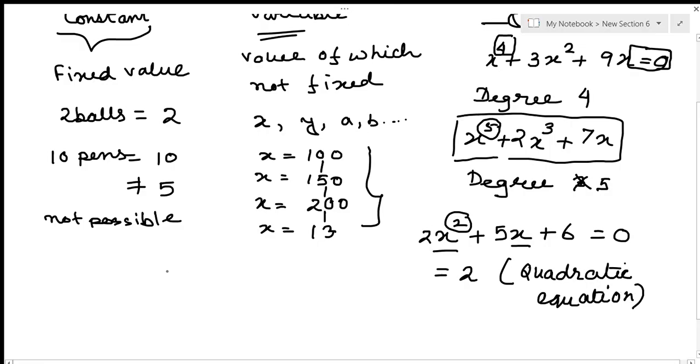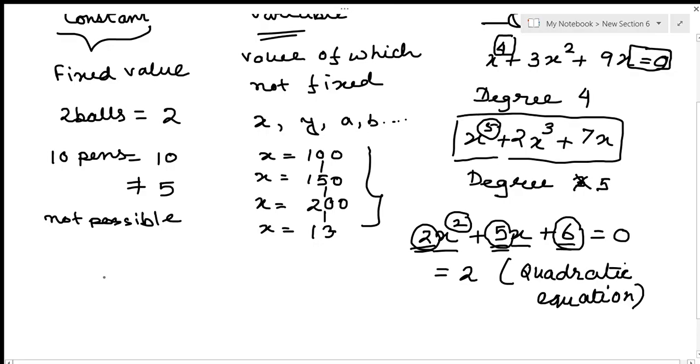Now let us write it properly. What is the meaning of quadratic equation? What is 2? What is 5? And what is 6? x is a variable. This 2 is the coefficient of x square, 5 is the coefficient of x, and 6 is a constant term.